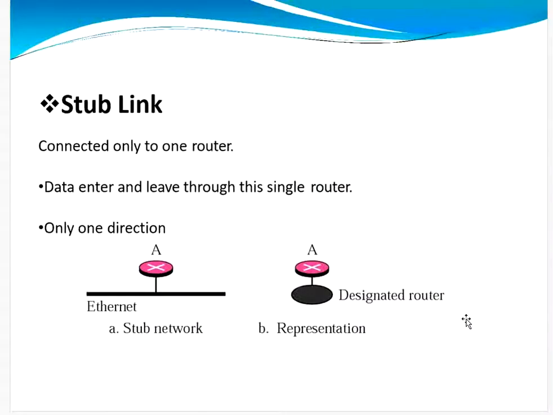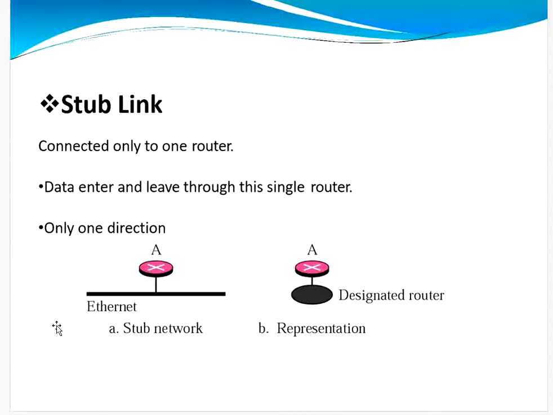Now see the next type of link used in OSPF, the stub link. The stub link is connected to only one router. Data enters and leaves through this single router, and it is only in one direction.